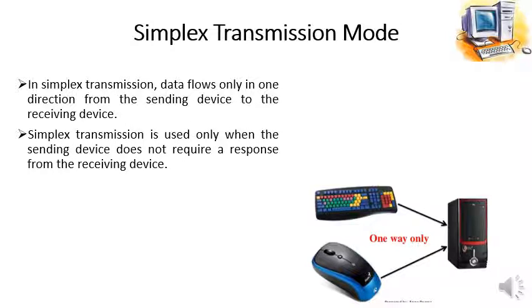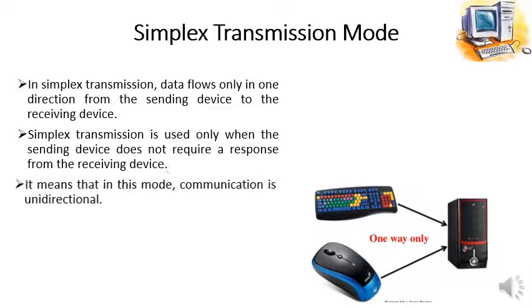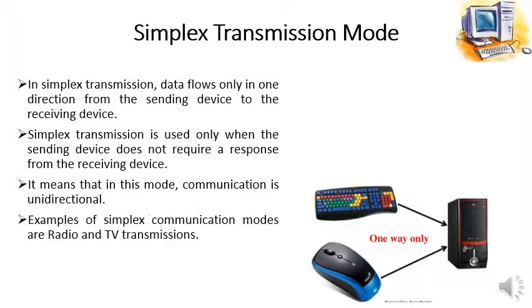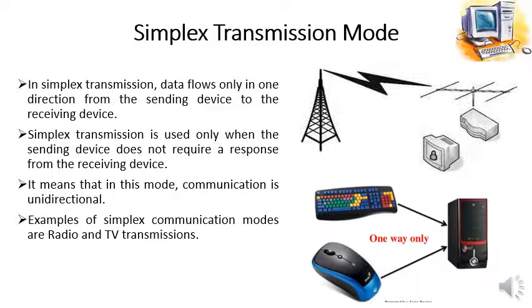Simplex transmission is used only when the sending device does not require a response from the receiving device. Just like here, the mouse and the keyboard, they don't require any kind of response from the CPU. It's a unidirectional communication. It means that in this mode, communication is unidirectional. Examples of simplex communication modes are radio and television transmissions.